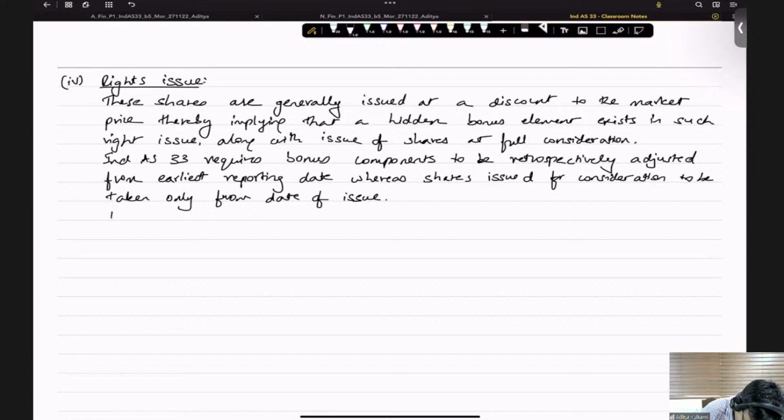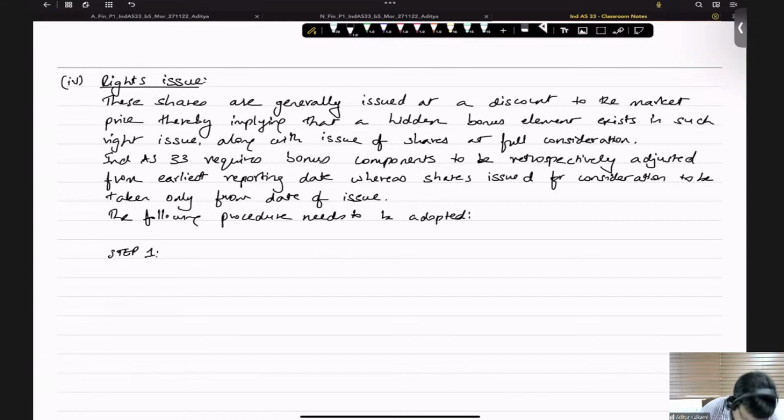The following procedure needs to be adopted. Step 1, calculate theoretical ex-rights price.